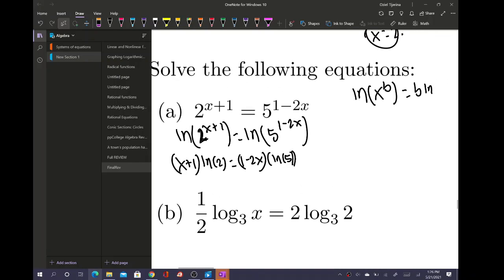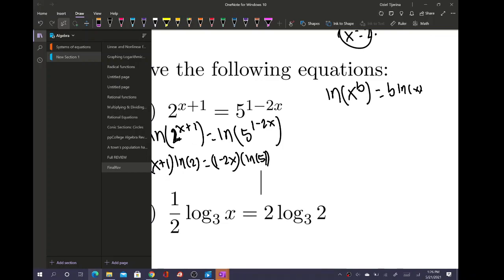So then we have (x plus 1) ln of 2 equals ln of 5 times (1 minus 2x). So this means that it's ln of 2 times (x plus 1) equals ln of 5 times (negative 2x plus 1), right?